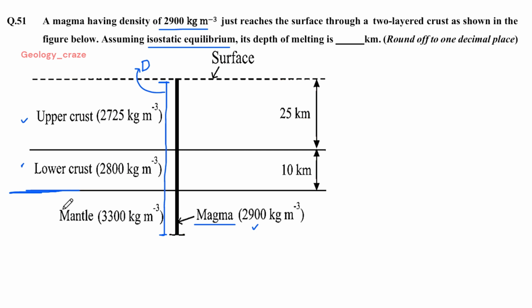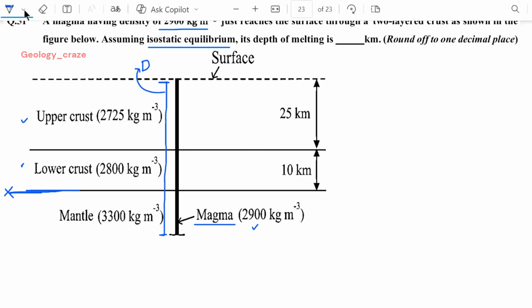They are not asking about this boundary or this equilibrium. They are asking about the equilibrium between this magma and the layers that the magma intrudes, not formation, these layers. Magma intruded in the mantle itself, the lower crust and upper crust. All three layers they are using.